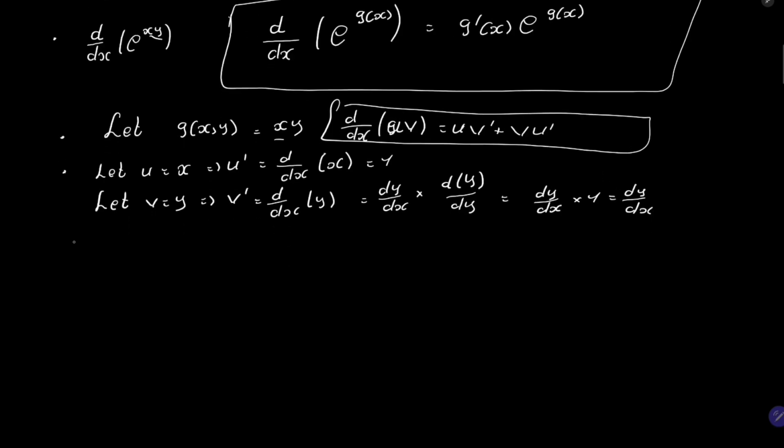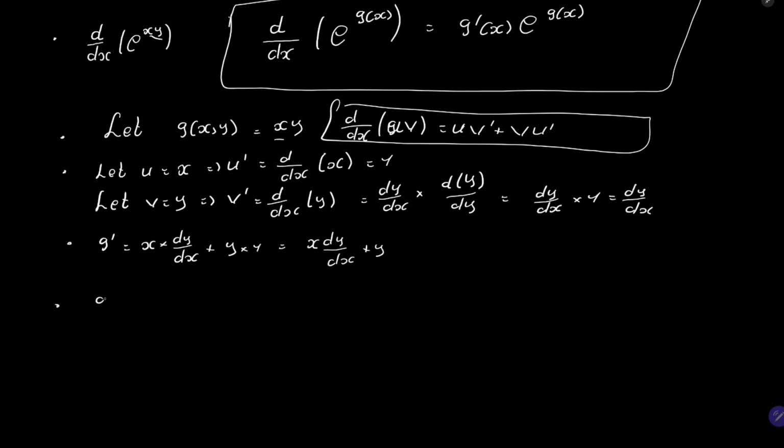So what does that tell us? That tells us then that g prime is the function u dv, x times dy on dx, plus v du, leaving us with x dy on dx plus y.